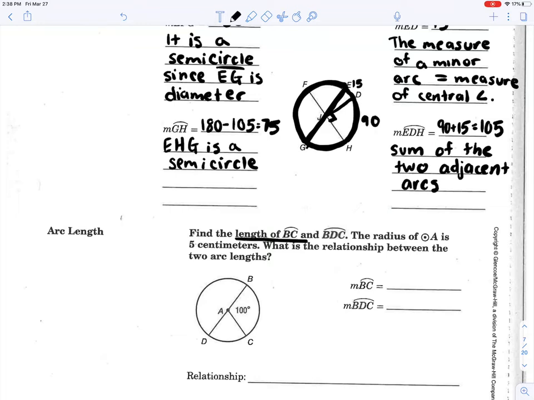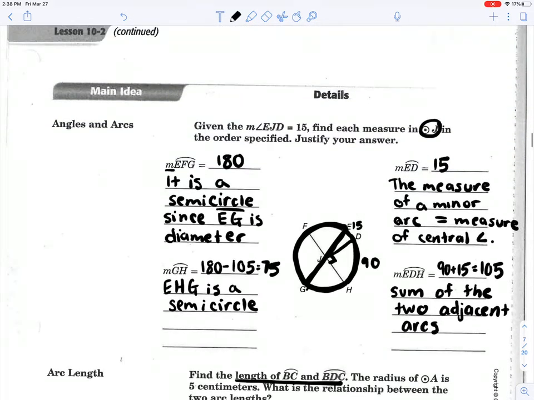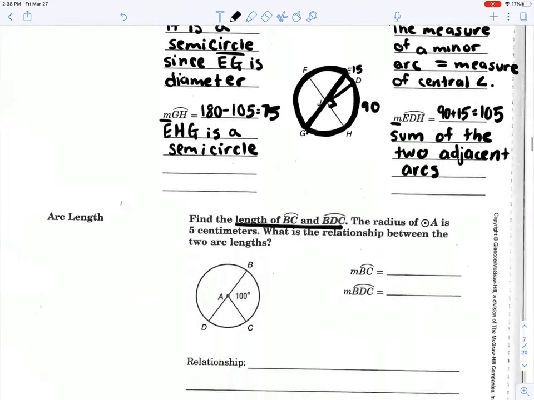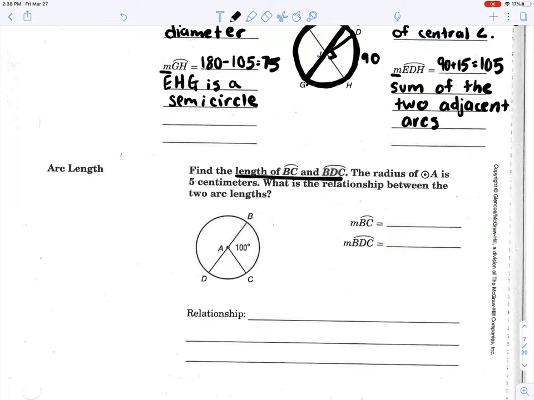Now notice the difference here. This says find the length of BC and the length of arc BDC. Before, we were asking for the measure, so this is a little bit different. If I'm talking about arc length, you can find the formula for arc length. We know that the way all the way around a circle is 360 degrees. We can also measure the distance around the circle by finding its circumference. If I'm talking about circumference, I'm talking about the length.